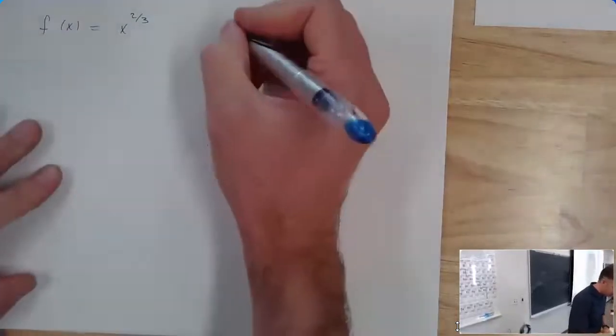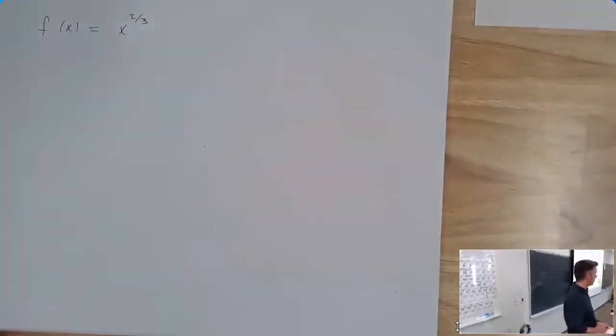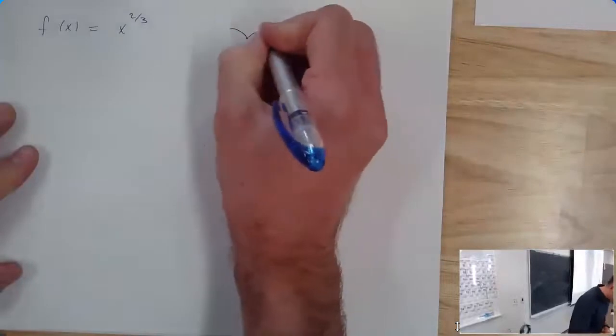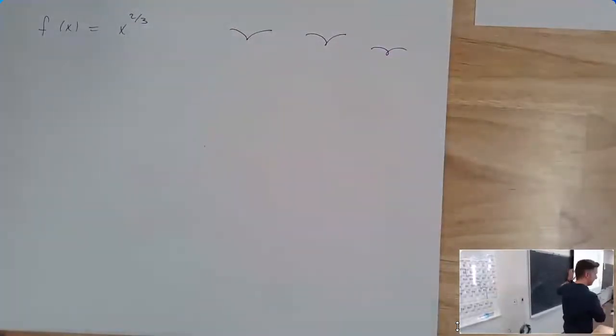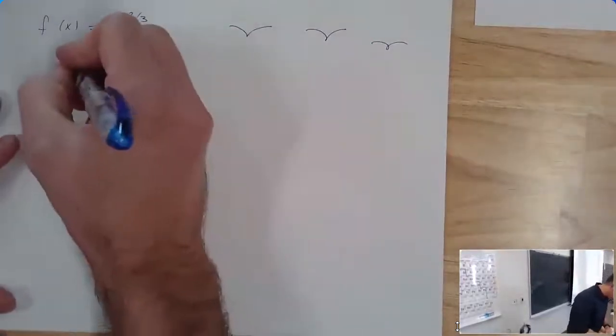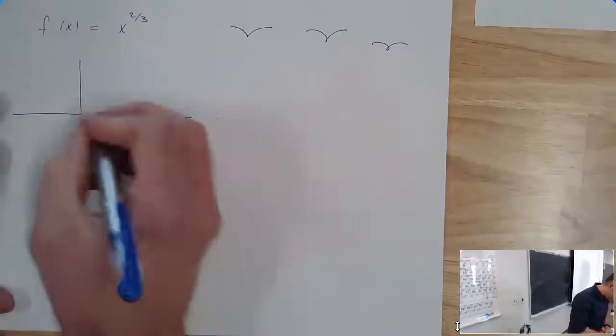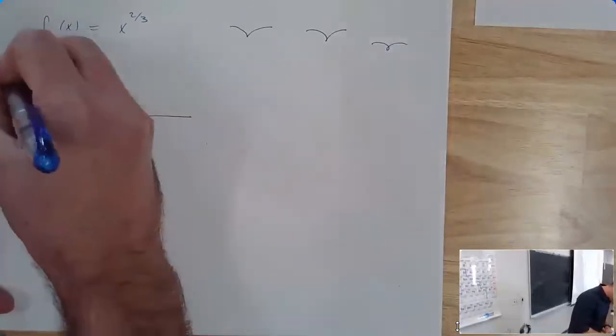Why? Because it kind of looks like a bird a not artistic adult or a young child might draw. Those little birds, right? Imagine some of you have drawn a bird like this once in your life. The function x to the 2/3 looks kind of like that.